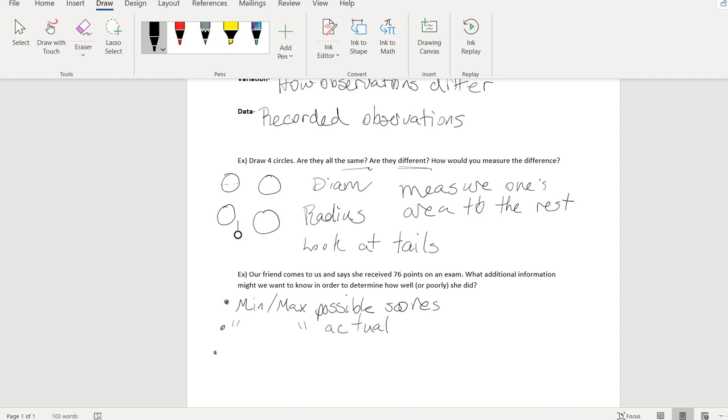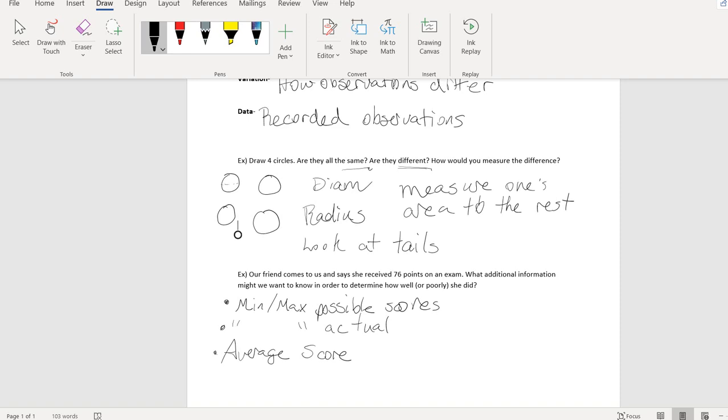The other thing we might want to know is what the average score was. So maybe if this was a typical exam that was out of, let's say, 100 points and she got a 76, we might say that she did pretty okay, right? She got a C. However, if the average score out of 100 was a 60, then she actually did pretty well.